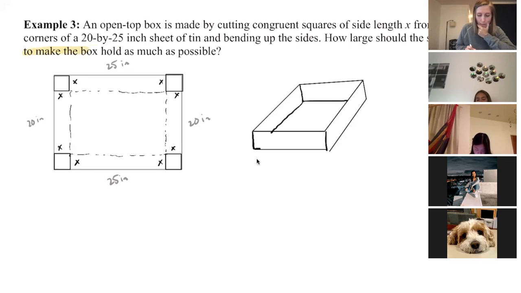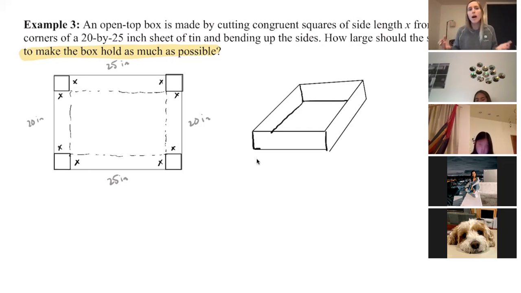So to make the box hold as much as possible, what quantity are we trying to optimize? Volume. And are we trying to specifically maximize or minimize? Maximize. Yeah, we want to maximize the volume.